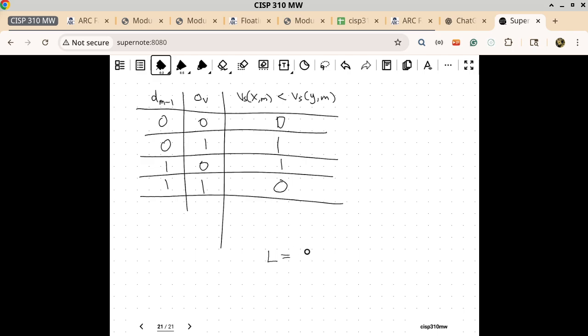It is the sign flag exclusive OR with the overflow flag. The sign flag is just another name for D subscript m minus 1, which is the sign bit of the difference. We good so far? Question? Nope. Okay.